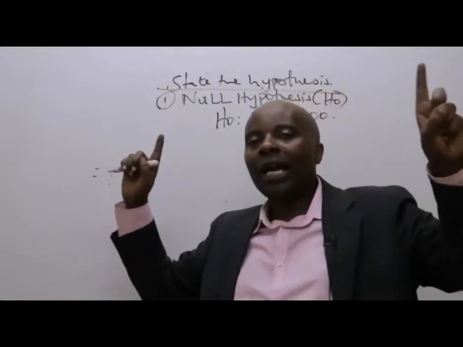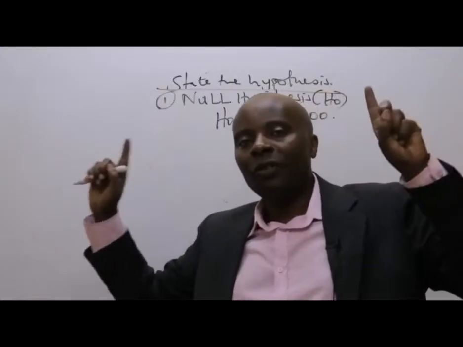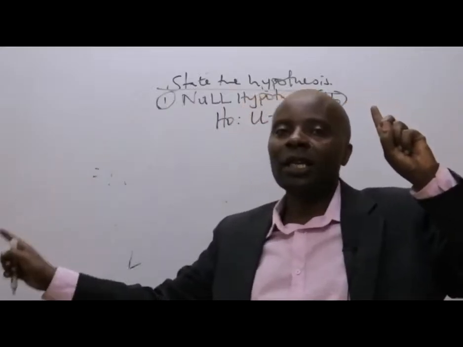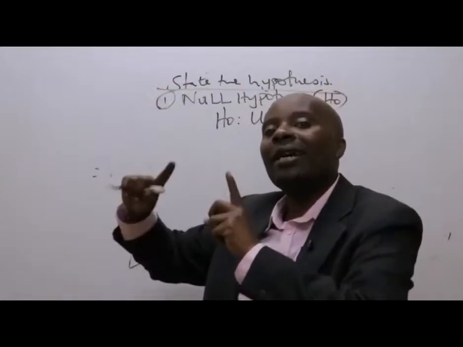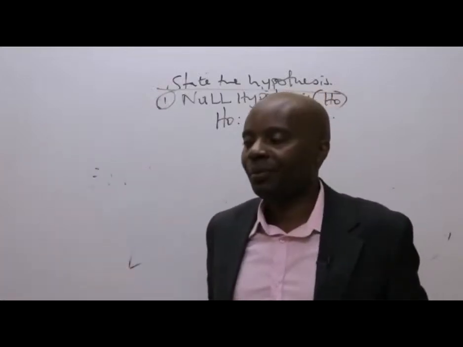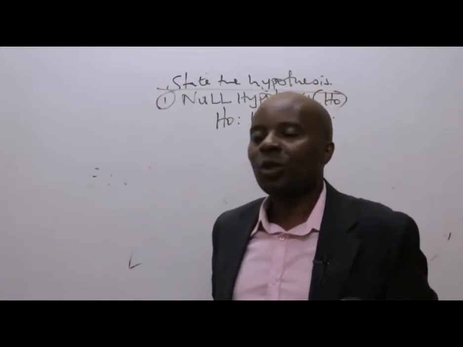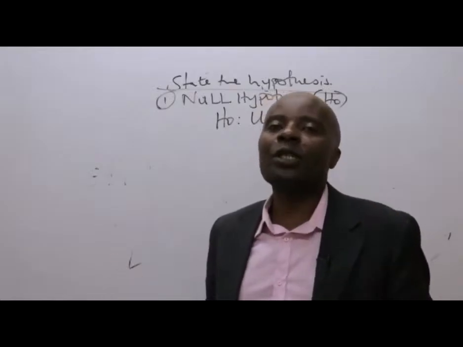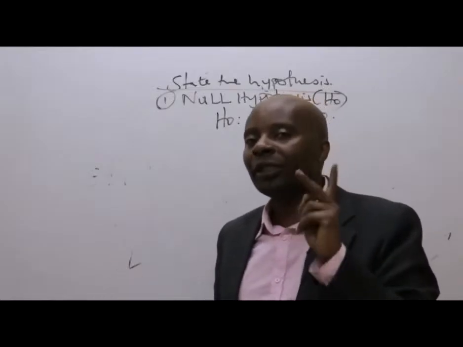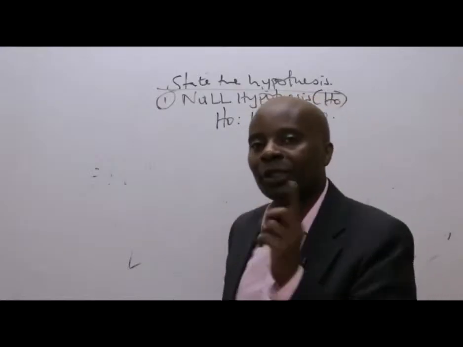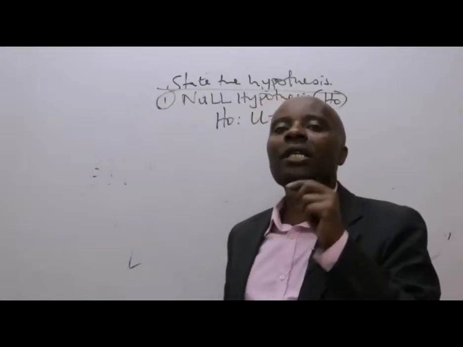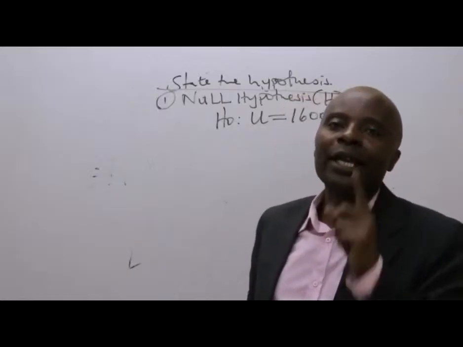But you and I know that there is a possibility of this bulb either taking a lower duration or a higher duration. So it means that here we shall be carrying out a 2-tails hypothesis test, because our null hypothesis does not specify a direction.